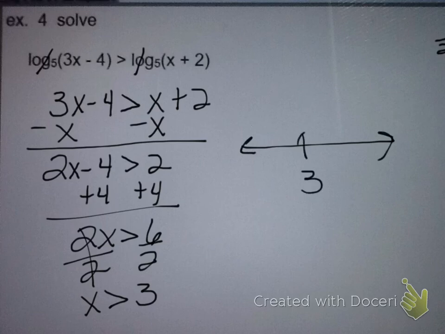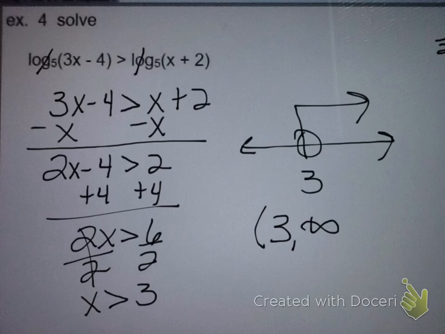Let's draw a number line. Because it's greater than, it's all to the right. So we didn't have to worry about any negative numbers because it's greater than 3. And had it been a less than 3, that would have been a whole other case. But because all values to the right of 3 are positive, we're in good shape.